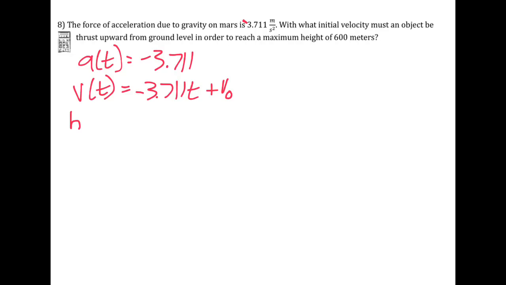And now let's get our height function, h of t. It will equal t squared, and then we'll need to do 3.711 divided by 2. That's going to get us negative 1.855.